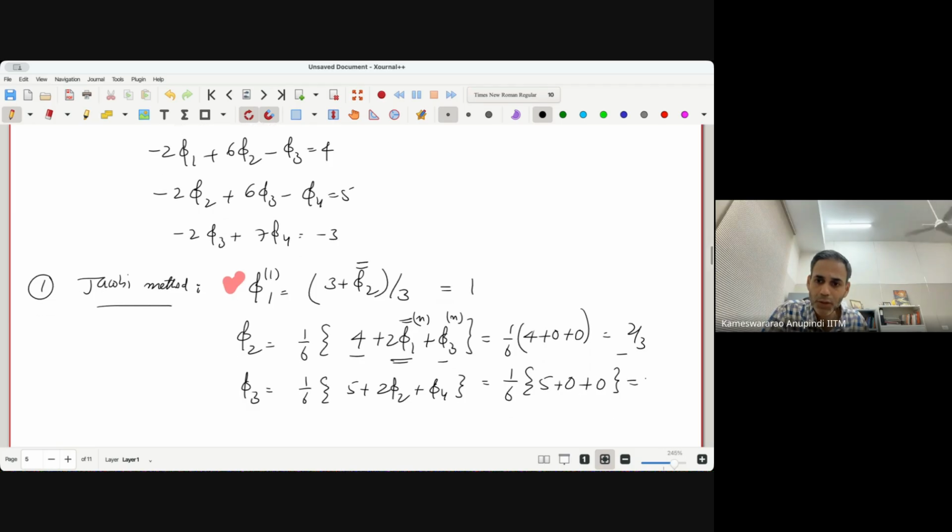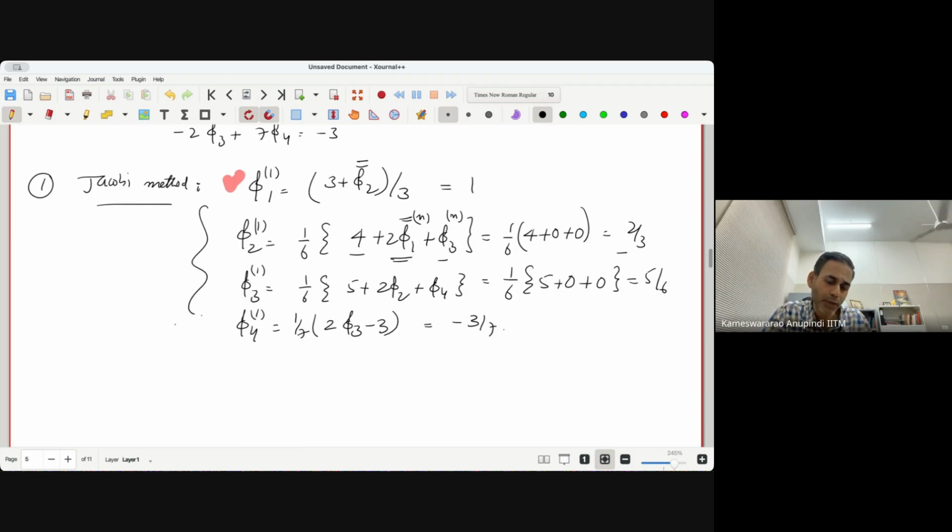So this is going to give me 5 by 6. Similarly, phi4 is going to be (2 times phi3 minus 3) divided by 7. Although the new value of phi3 is there, I'm not going to use it. So phi3 is 0, which means this is going to be minus 3 by 7. Okay, so those are the first iteration values for phi1 to phi4 that we have obtained with point Jacobi.